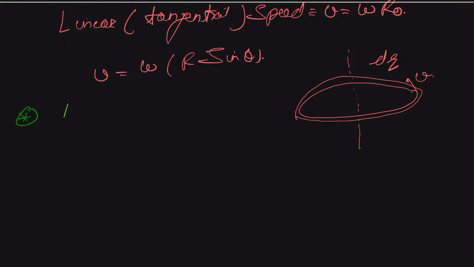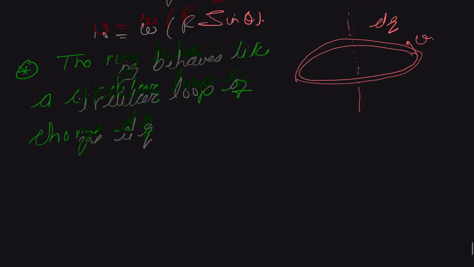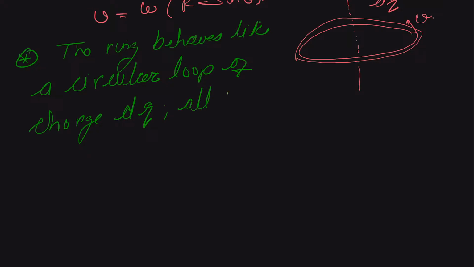So we can say the ring behaves like a circular loop of charge dq, all moving around z-axis with speed v.